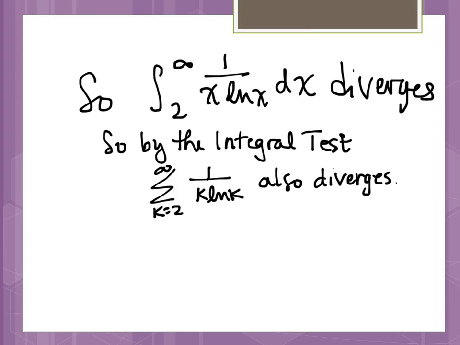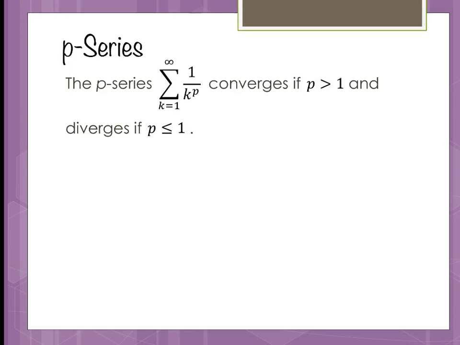Oh, I was wrong. There are 4 tests in this section. I forgot about the p-series test. The p-series test is probably one of the cleanest, simplest ones, even better than the geometric series that you did last time. The p-series test simply says that if I have the summation of 1 over k to the p, it will converge if p is greater than 1, and it will diverge if p is less than or equal to 1.